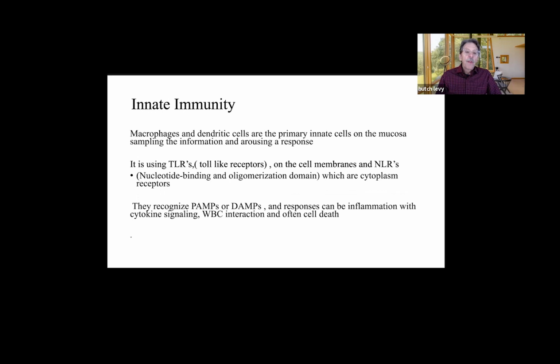And we have these dendritic cells, kind of cells with tentacles that are sampling what's going on. And what it's doing is it's recognizing different types of receptors, both on the surface and inside the cells, that give it information. So what we're looking at is these kind of letters that tell us about pathogen-associated molecular patterns and damage-associated molecular patterns.